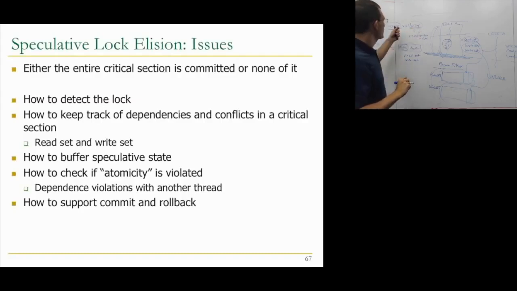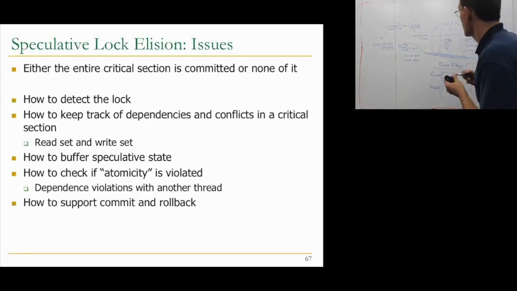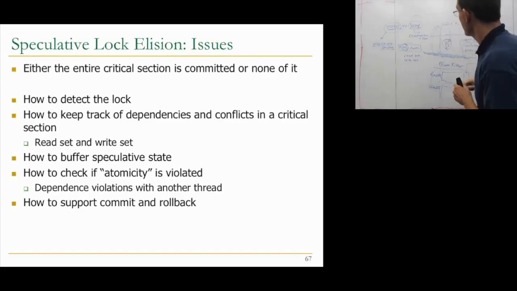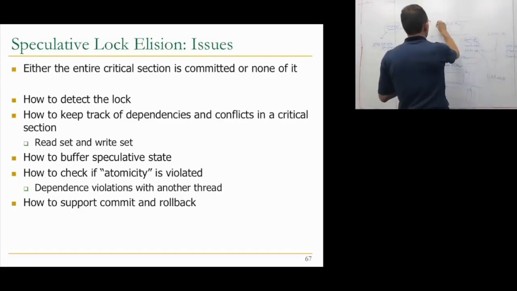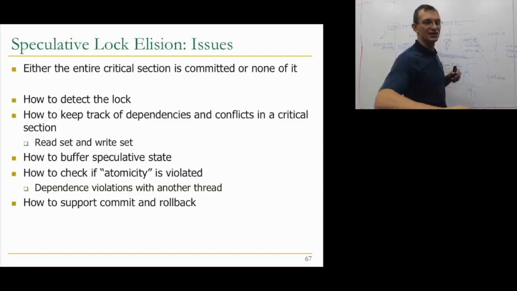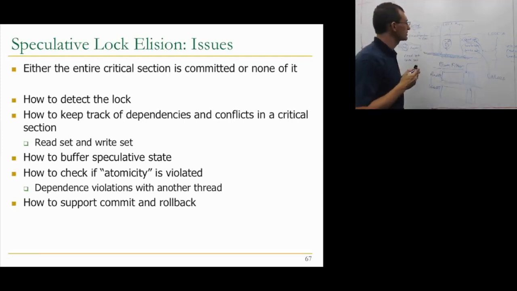Right? But many of the issues over here can be classified as eager and lazy, and I'd encourage you to think about that also. Basically, how do you support commit and rollback? When do you actually abort, for example? How do you go back to the beginning of the transaction or beginning of the critical section? I keep using the words transaction and elided lock, speculative lock elision, interchangeably because they're very similar concepts.